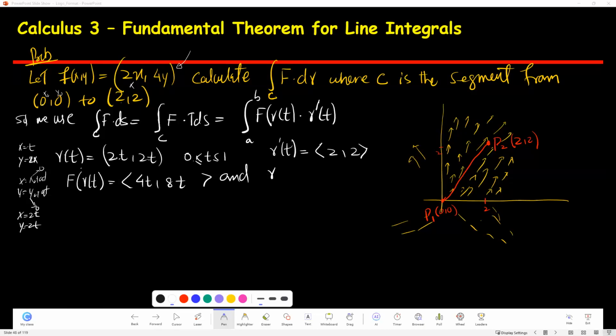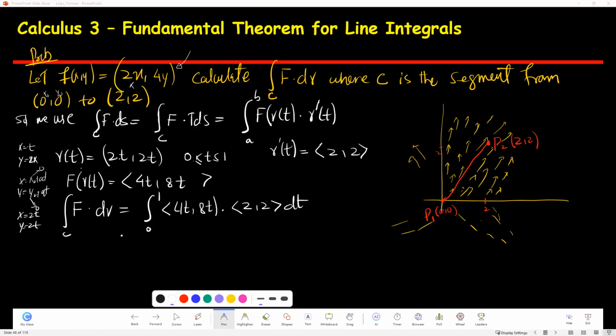Okay, so everything is written here. All I can do is just substitute the values and see how it goes. So I'm going to say F dot dr equals 4t comma 8t dot, then I'm going to write my r prime, 2 comma 2, and then dt.